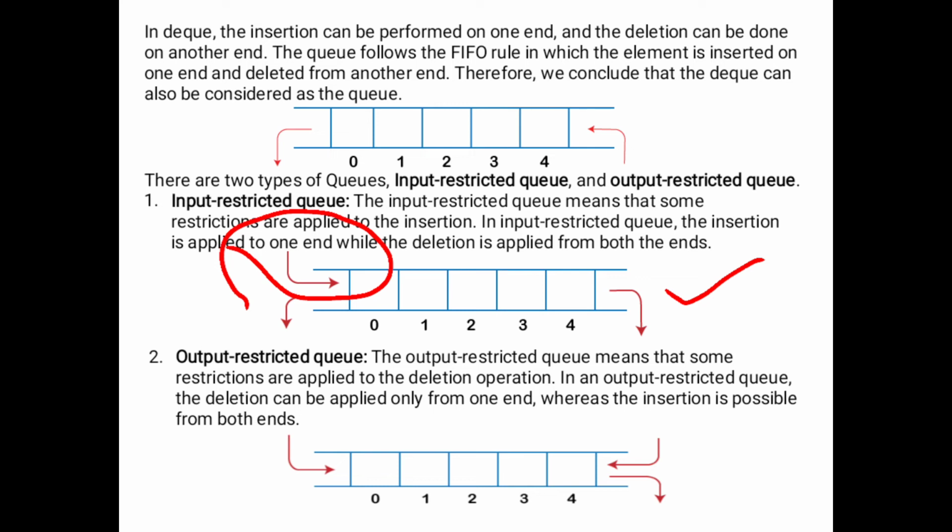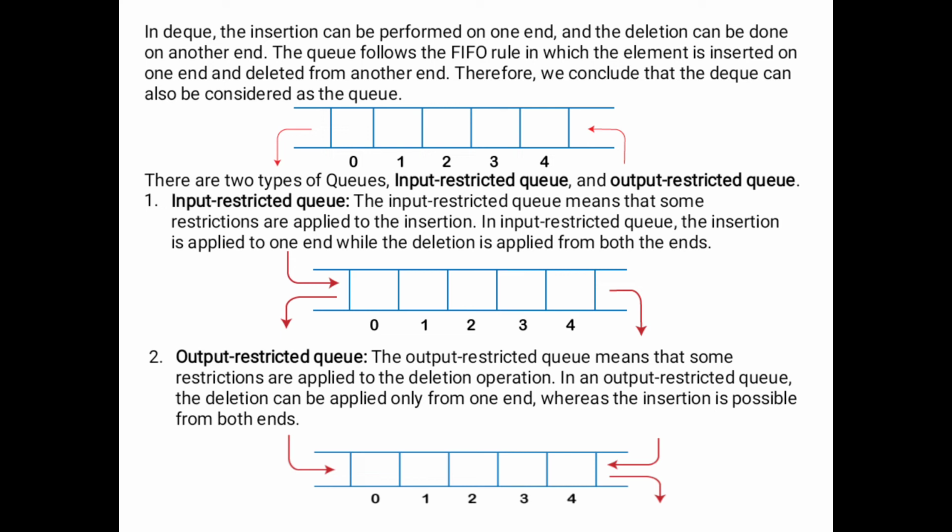Insertion is applied from only one end and deletion from both ends. That is the restriction of the input restricted queue. Is this concept clear? Simply, we can say input restricted queue means data is inserted at only one end of the queue, while deletion must be available from both ends.